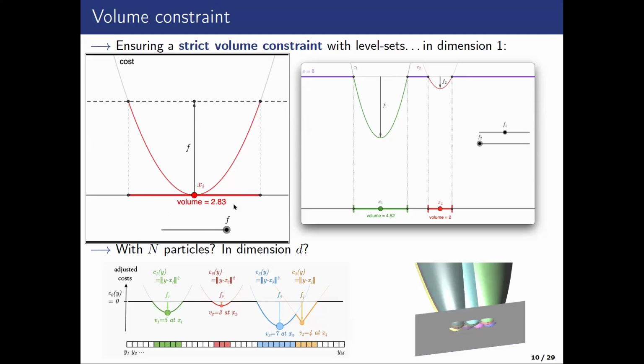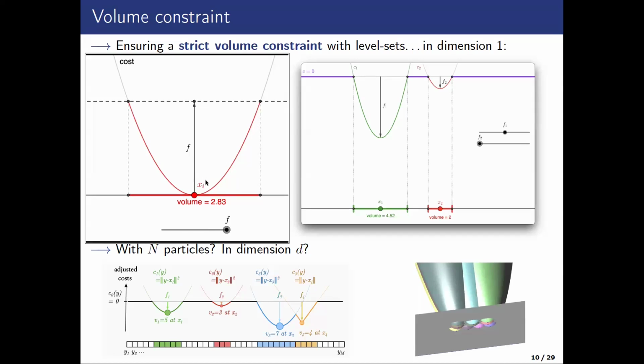A level set meaning that every point below that threshold belongs to that particle. So instead of measuring the length, I can just measure a level set of that function in dimension 1.